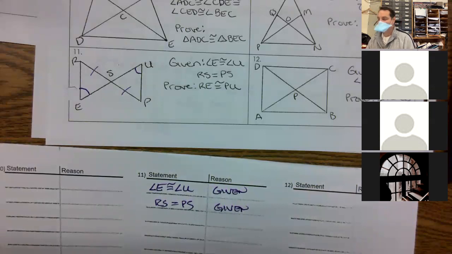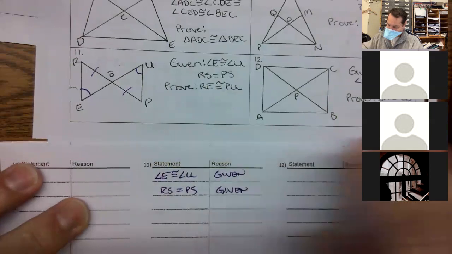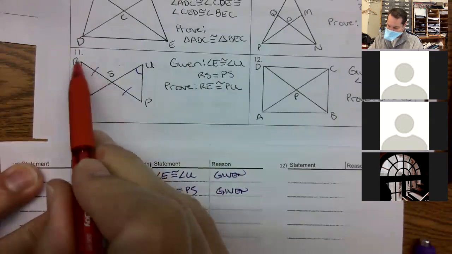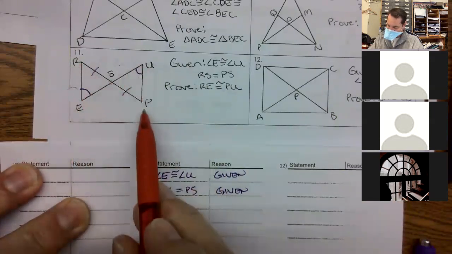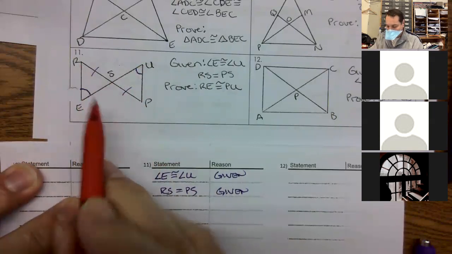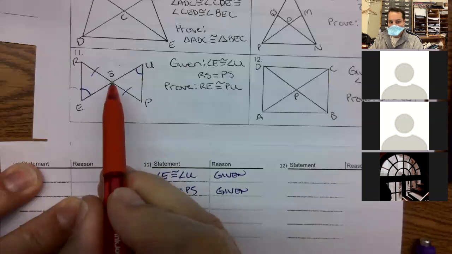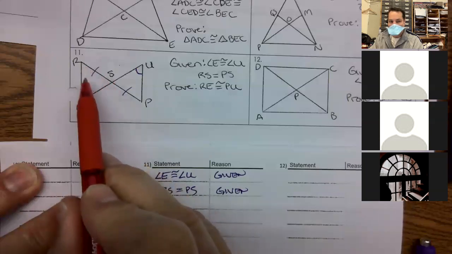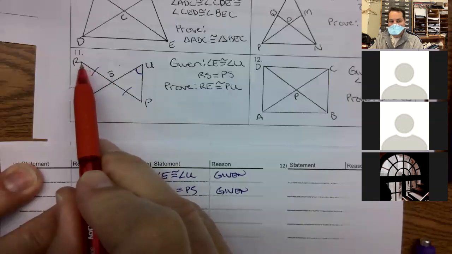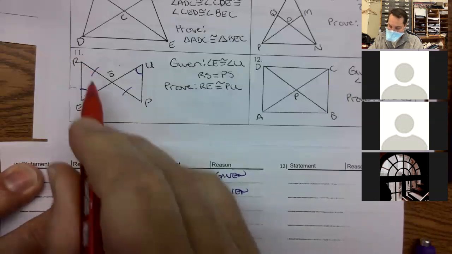Yeah, Josh? Angle SRE is congruent to angle SCP, vertical angles. You're right that it's angles, you're right that it's vertical angles, but you named them incorrectly. When you said SRE, you're describing this angle up here. RSE, good.